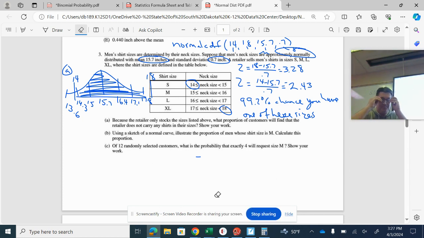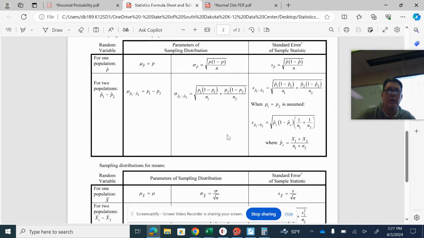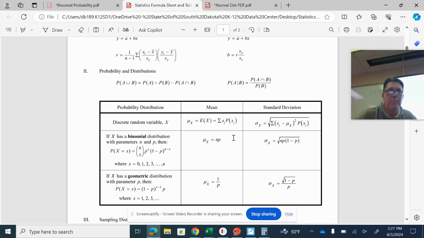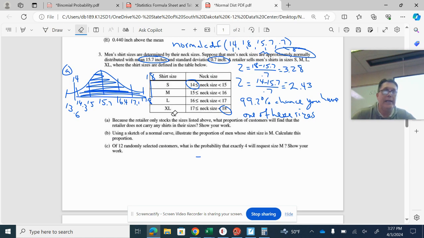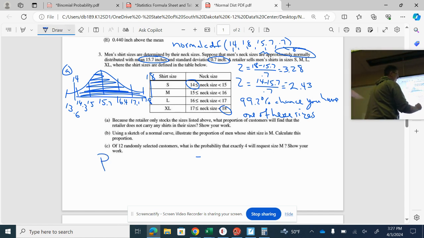But this one now is a binomial question. We will review binomial later, but the binomial formula is this one. I'll circle it on here. If you have your formula sheet, I recommend when you're going through these reviews, you have a formula sheet so you can look at it. You need to know how to fill that in. That is a binomial PDF, but we'll fill this in. Probability x equals 4, exactly 4 mediums.